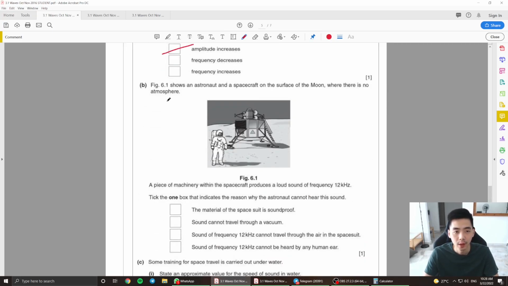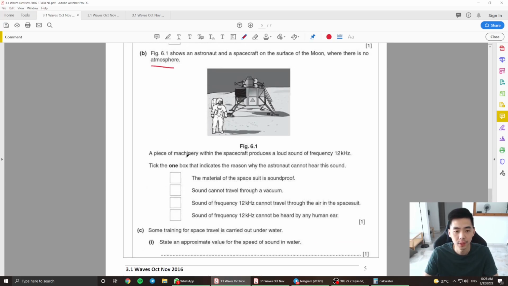Right. Then figure 6.1 shows an astronaut and a spacecraft on the moon where there is no atmosphere. A piece of machinery within the spacecraft produces a loud sound of frequency 12,000 hertz. Tick the one box that indicates the reason why astronauts cannot hear this sound.